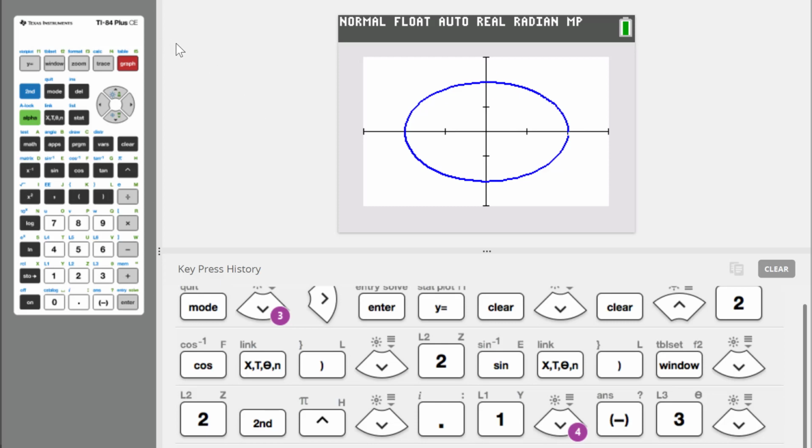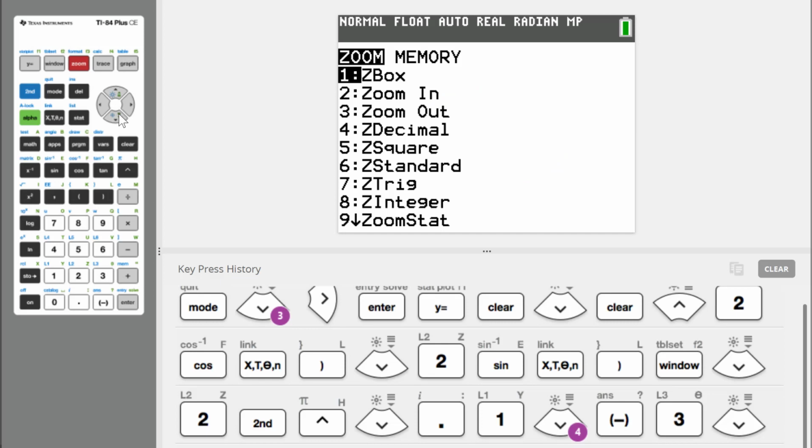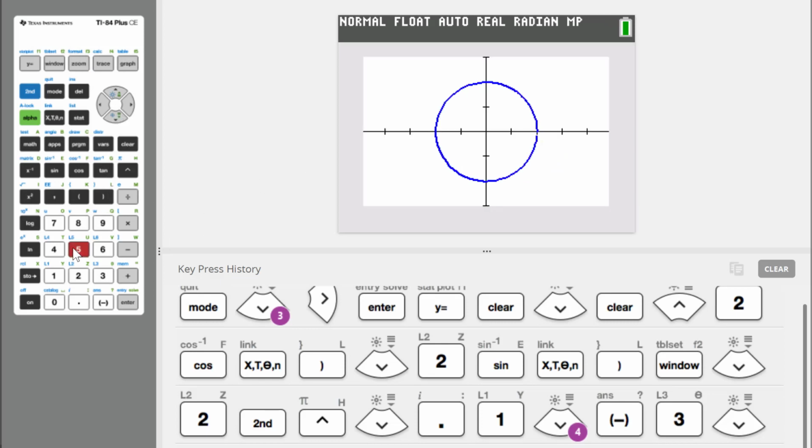What you can do to adjust for that rectangular screen is in the zoom feature, if you choose Z square, choice 5, then the computer will recalculate the window a little bit, the x and y values, so as to make your picture look more like what you would expect. And so here's that same circle that we drew on the paper. Notice if I hit trace, it starts me at the spot where t equals 0.